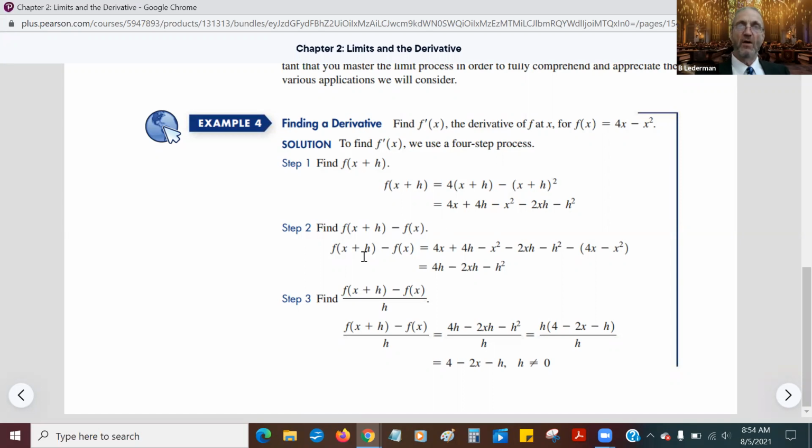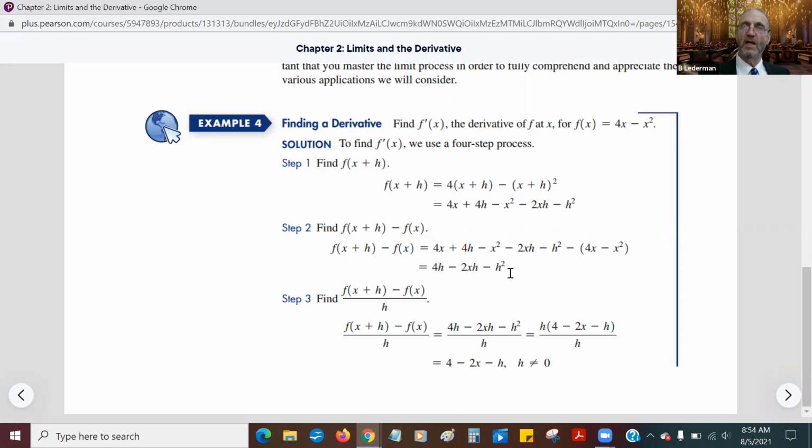Now, if I subtract from this f of x, it winds up being 4x plus 4h minus x squared minus 2xh minus h squared, and then minus the 4x minus x squared. Notice that the 4x and the x squared are going to cancel. I'm left with 4h minus 2xh minus h squared.